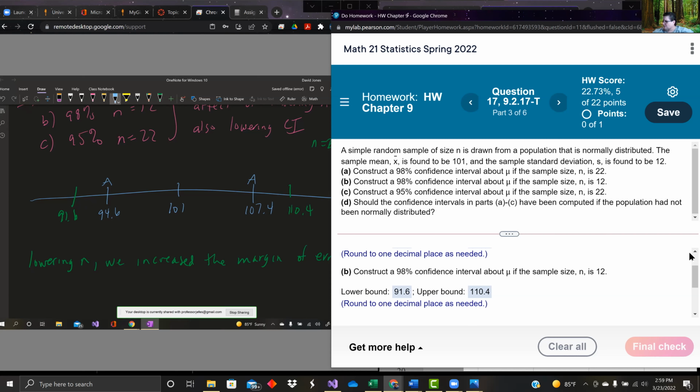Because the margin of error was initially that distance. That was our E for part A. But when we change it to 12, our margin of error is that long.